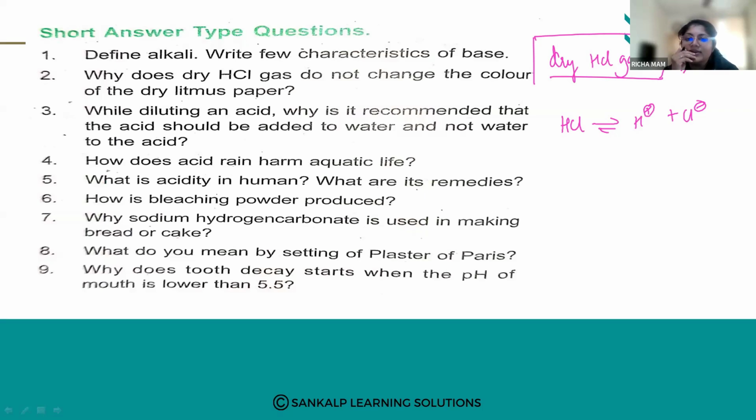And the litmus paper will get wet. But if dry HCl is there, it does not have any water content, so the litmus paper will not get wet, and because of that the color of the litmus paper will not change. So dry HCl gas does not change the color of dry litmus paper because HCl gas does not dissociate to give you H plus ions.